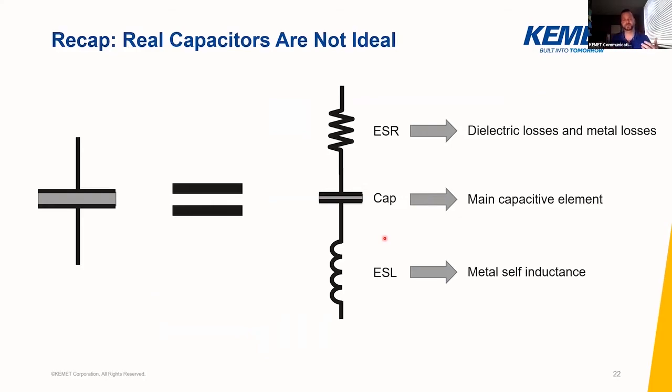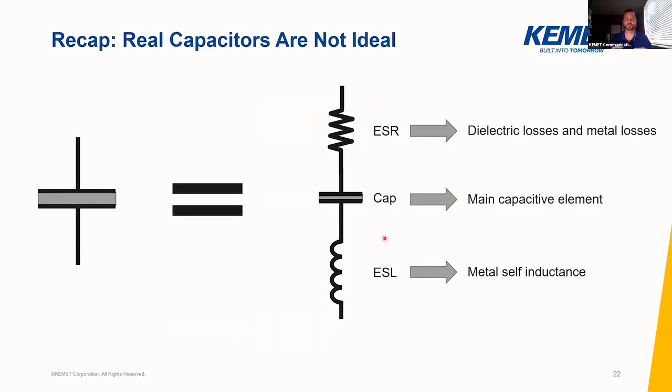They have several parasitic effects that affect the operation of your circuit. They have an equivalent series resistance that comes from dielectric losses and metal losses.